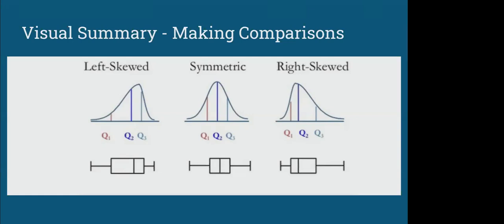And in this instance, Q2, the median of the data set, is closer to Q1. It is closer to the lower end of the data. Okay? So you see how these two graphs match up.